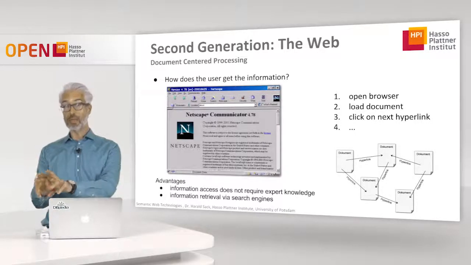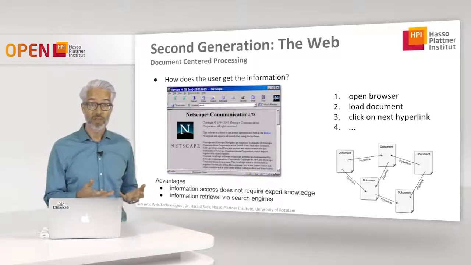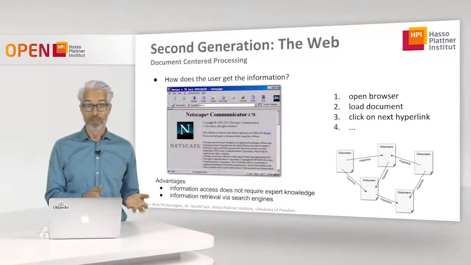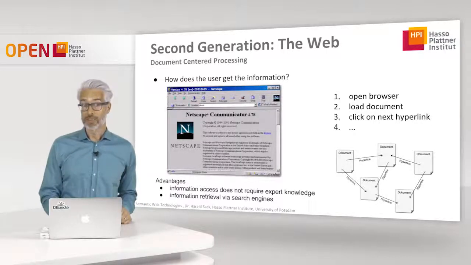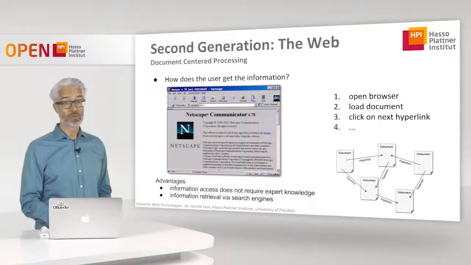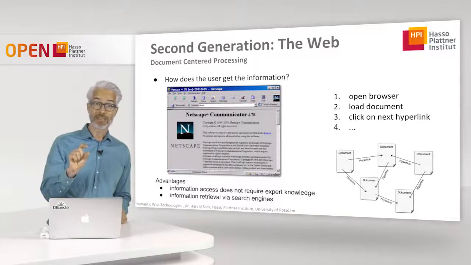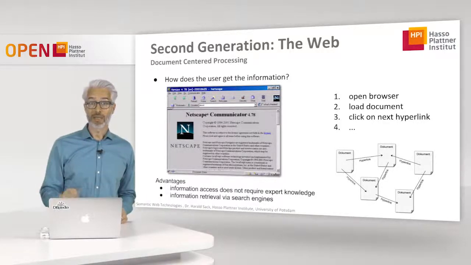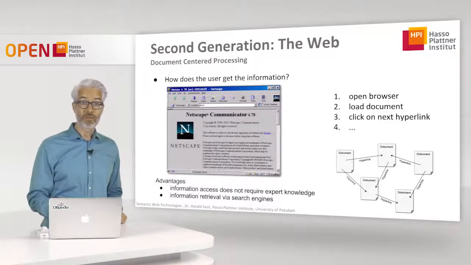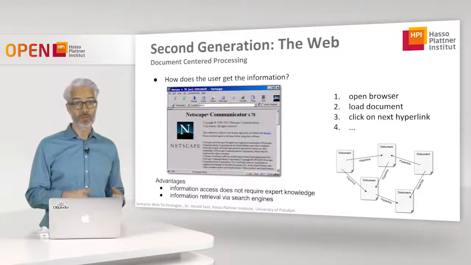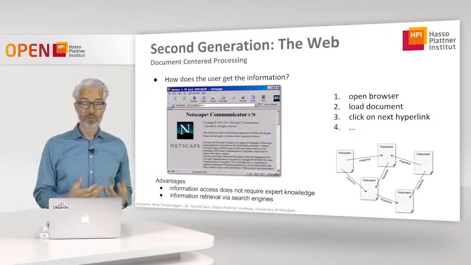So the document became the focus, simply because you had a software which was called the browser, which provided a graphical user interface for the user, which means you only had to type in your browser the address of the document you were looking for, and then inside this document there were links connecting documents with each other, and simply by clicking on a hyperlink you could download the next document which was connected with your document. So this means both documents were somehow related, and this opened a completely new way to navigate the web.